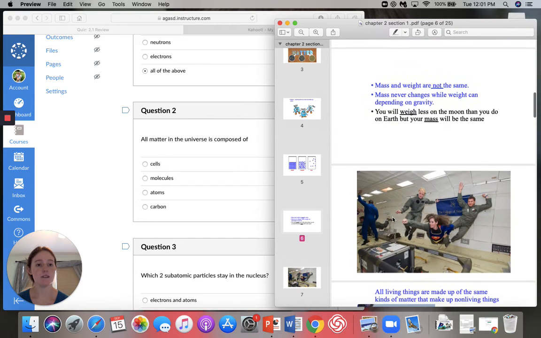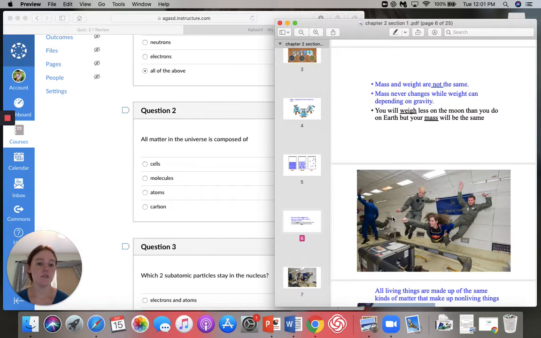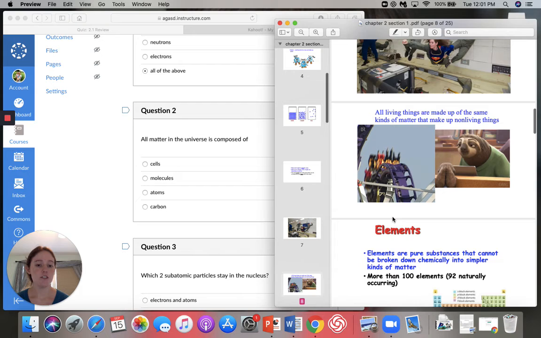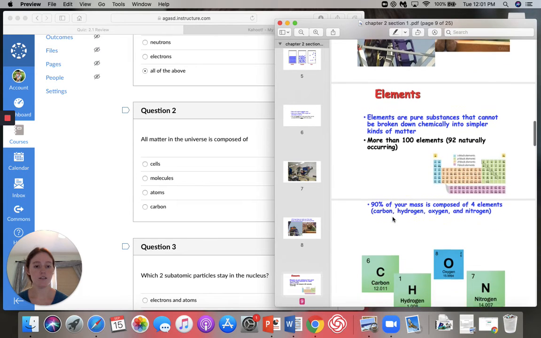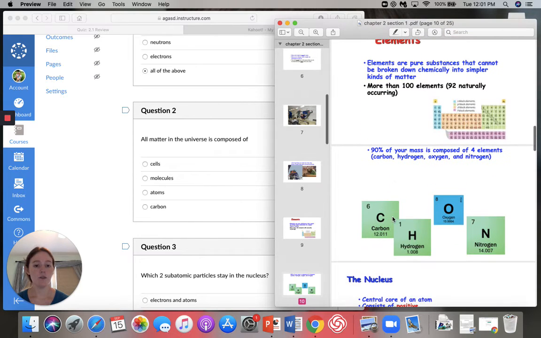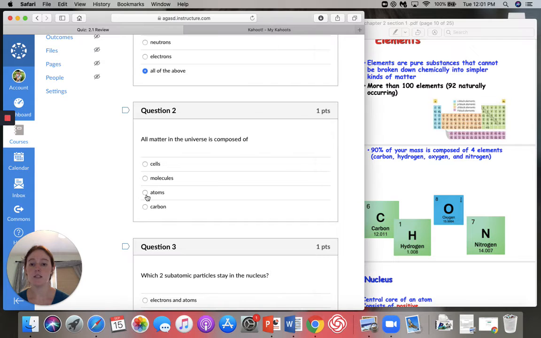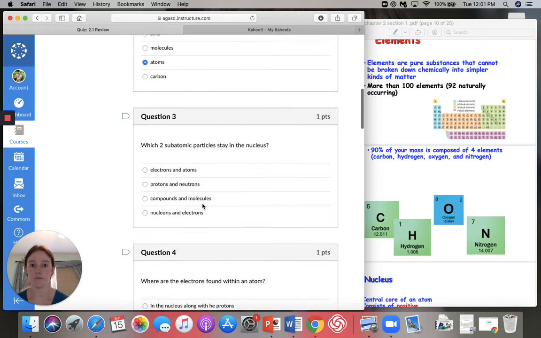You know that mass will stay the same, but your weight can change. We start talking about elements here. And then we go on into atoms. So the smallest thing that could be composed of matter would be an atom. Atoms are the smallest thing that make up matter.